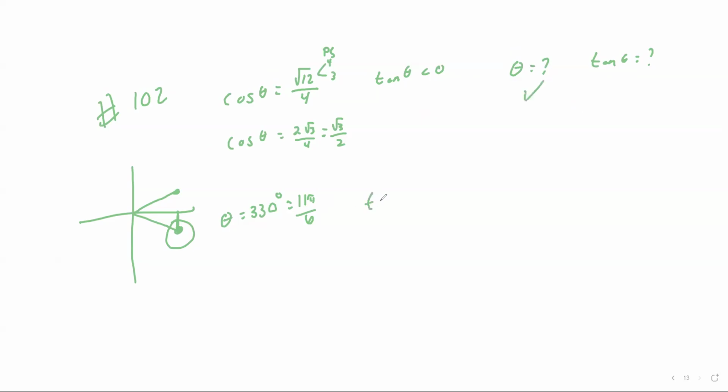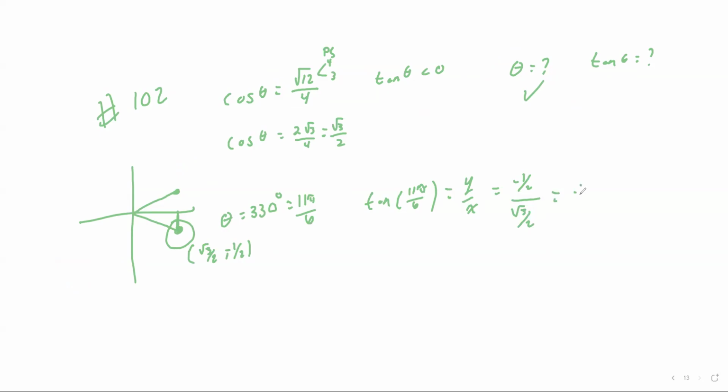Now to find tangent of 11 pi over 6, or 330, however you want to write it. That would mean that this is going to be the coordinate of square root 3 over 2. That's what our cosine is, and 1/2, but negative. So this is y over x. So this will be negative 1/2 over the square root 3 over 2.